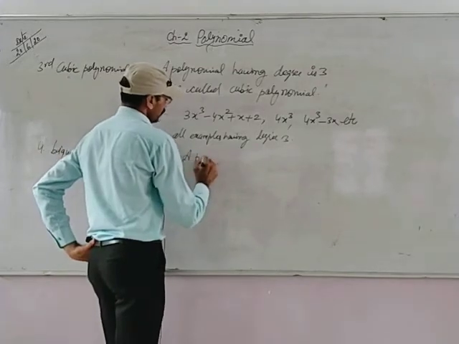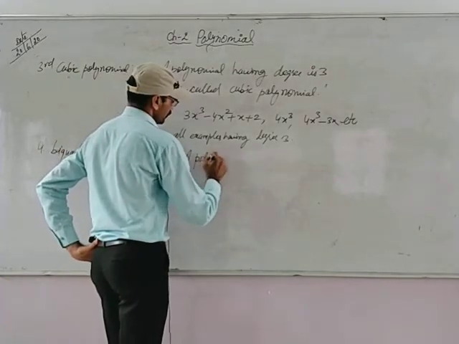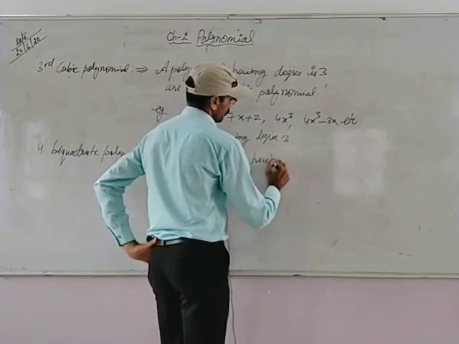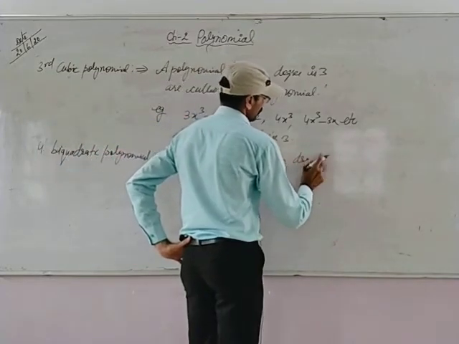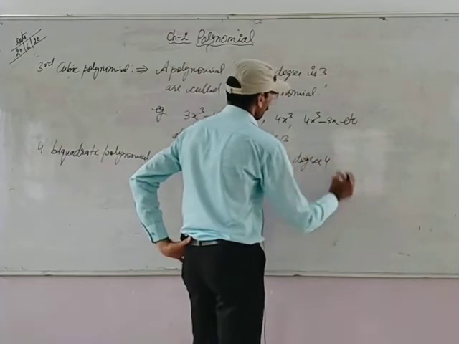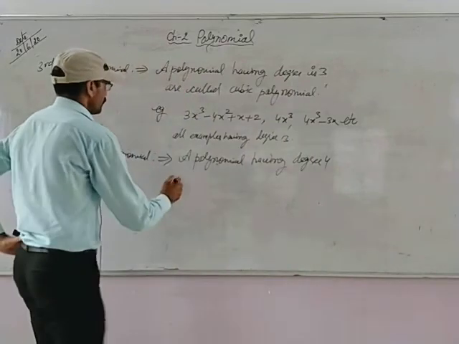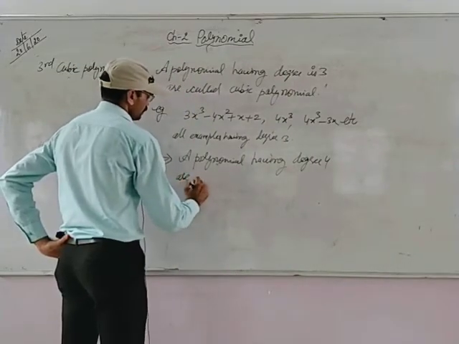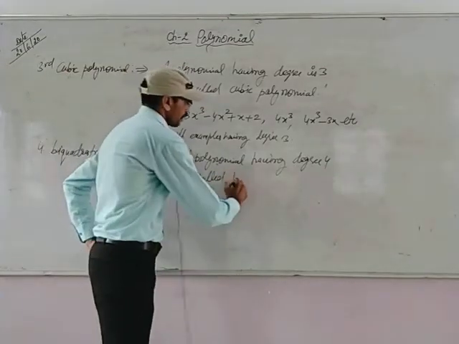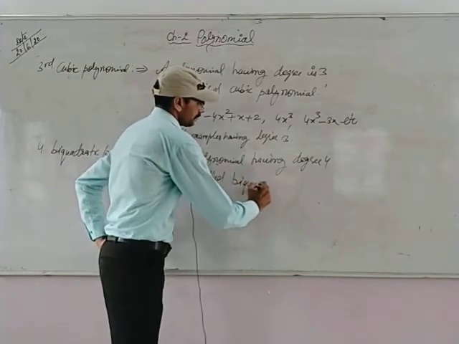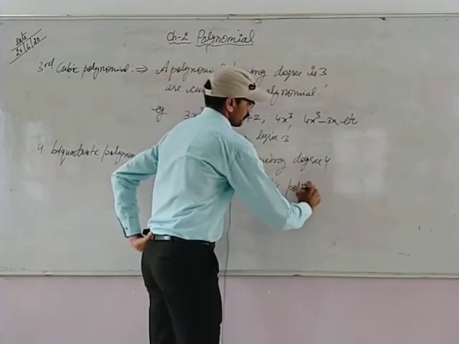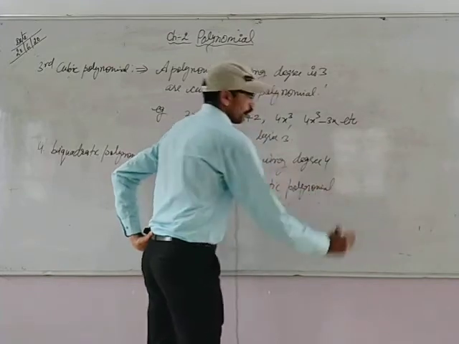A polynomial having degree 4 is called a biquadratic polynomial.